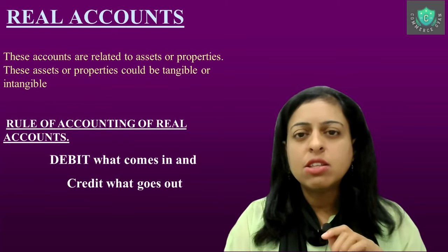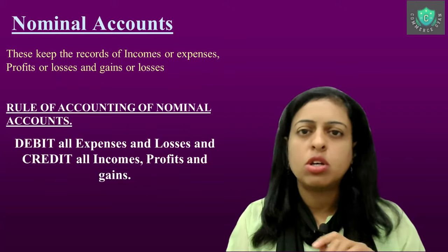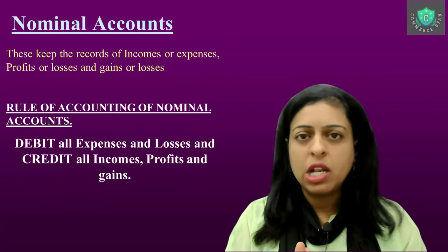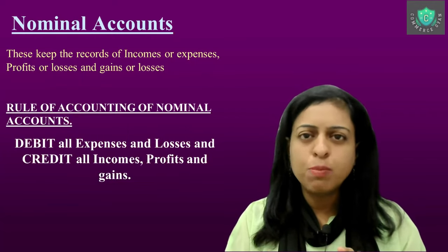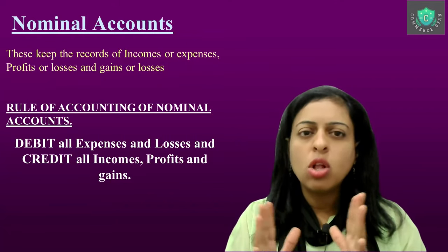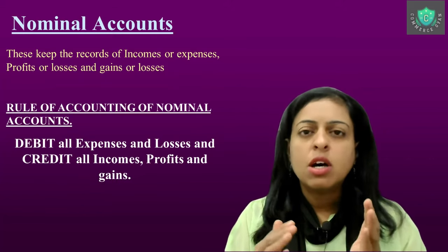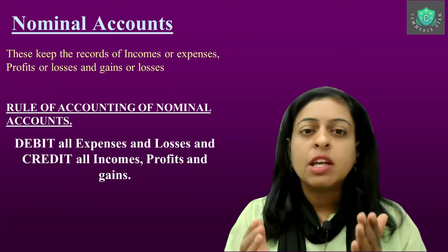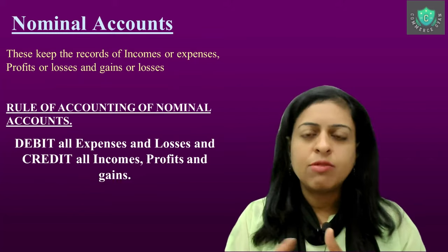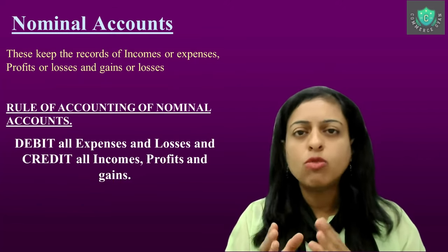Fine. Let's take the last account that we are going to learn in this particular video, which is nominal accounts. Now, nominal accounts are very simple to understand, because nominal account says all the records related to incomes, expenses, profits, losses, gains, and in fact other losses associated. So all this will fall under the head of nominal account.